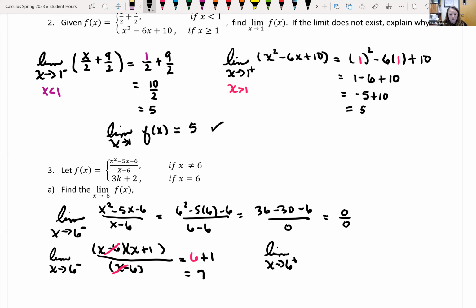I would do direct substitution again, get the same 0 over 0, so I would need to factor it just like I did before. Technically now I'm just evaluating the limit as x is approaching 6 on the right of x plus 1, which again is 7. So we can say that the limit as x approaches 6 is equal to 7.